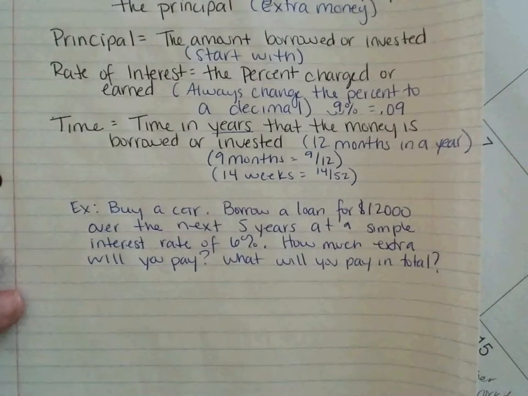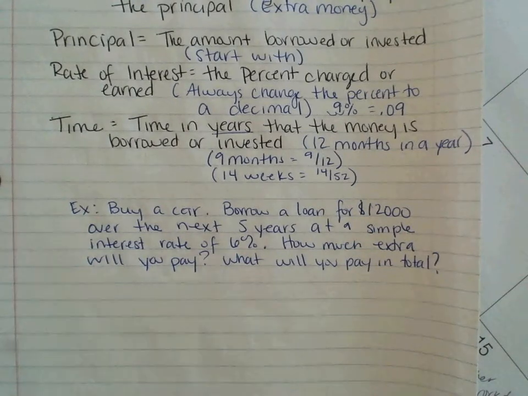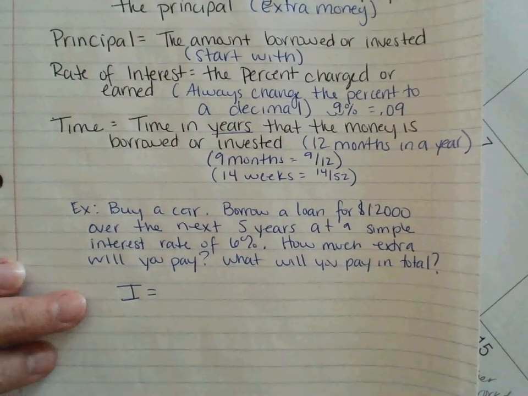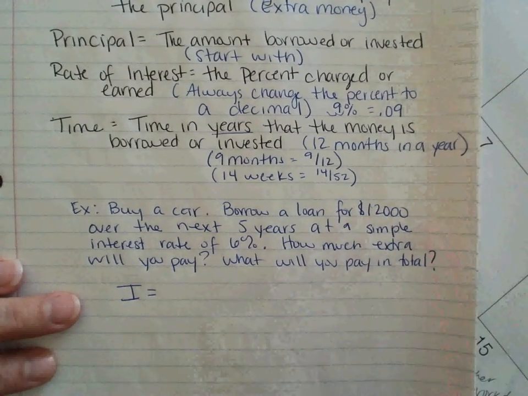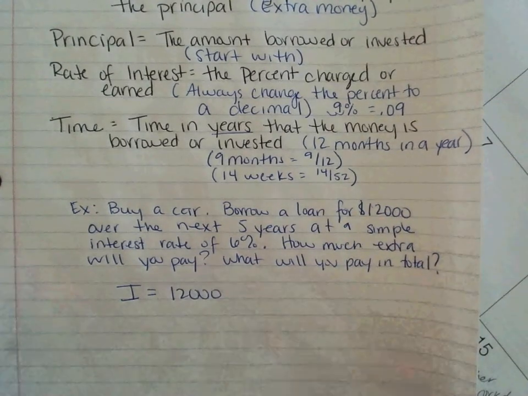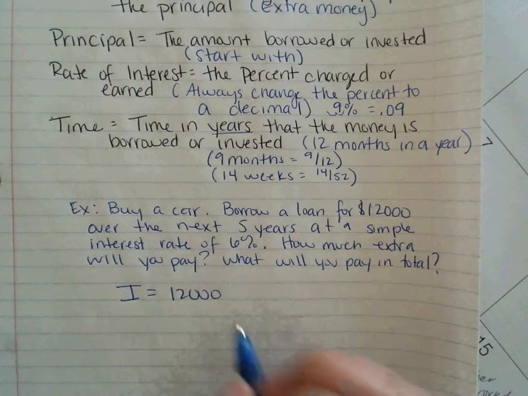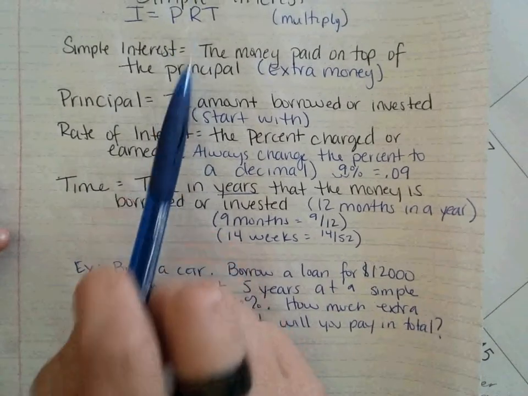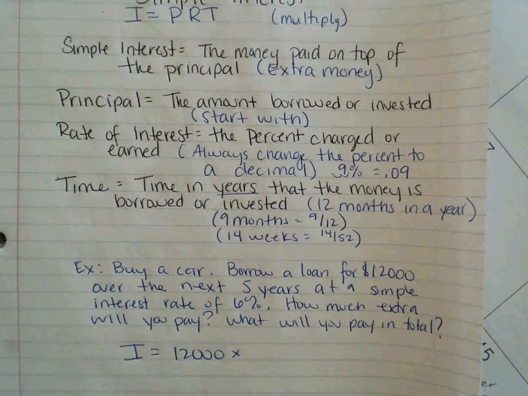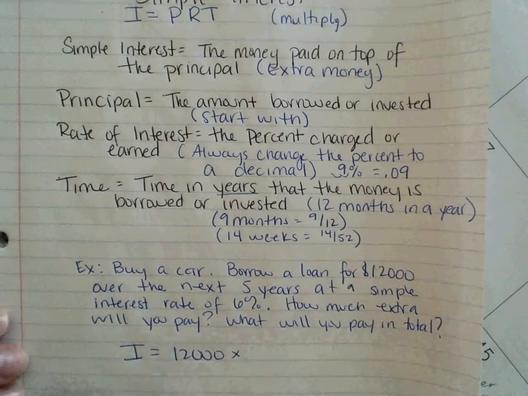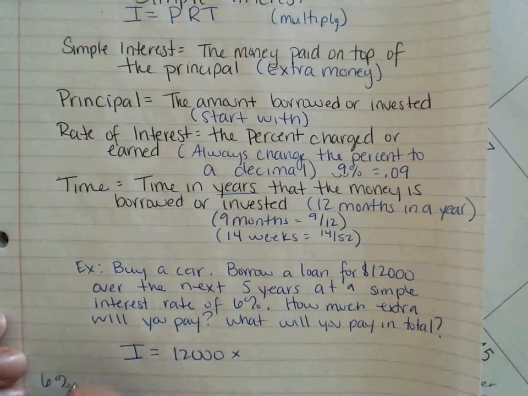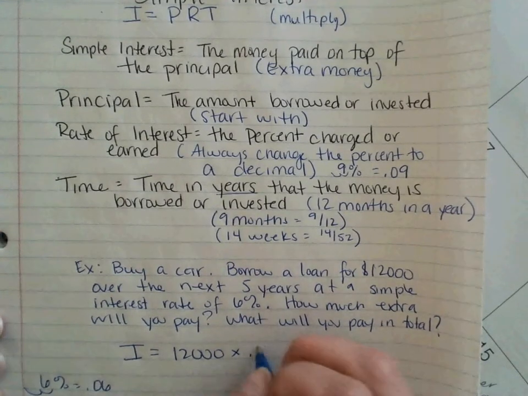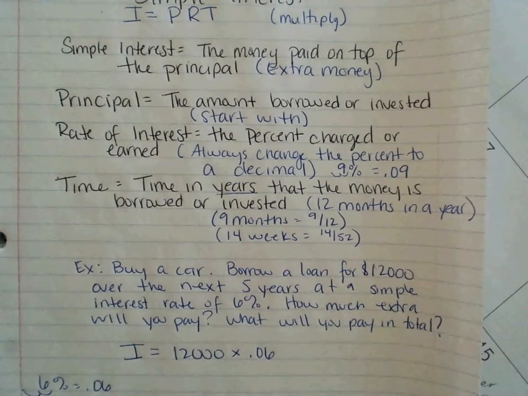So this is how I set it up. I want to know how much extra you're going to pay, so I want to know your simple interest. What are you starting off with? What are you borrowing? You're borrowing $12,000. Rate is going to be your percent, and I have 6%, so 6% changes to 0.06.